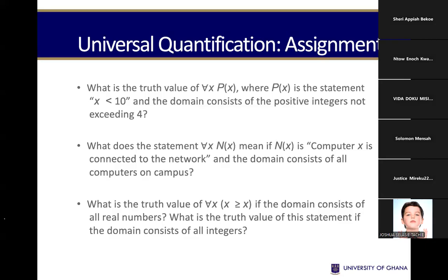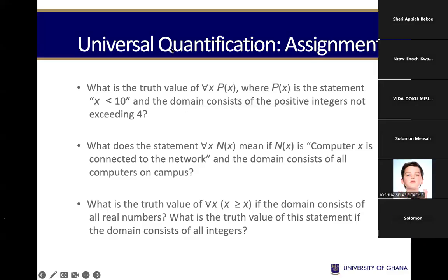Sherry. It's false because when you take x ≥ x, you take the set of negative numbers. Sherry, hold on. Which one is false? Is it the first one in terms of real numbers, or the second one in terms of integers? In terms of real numbers.